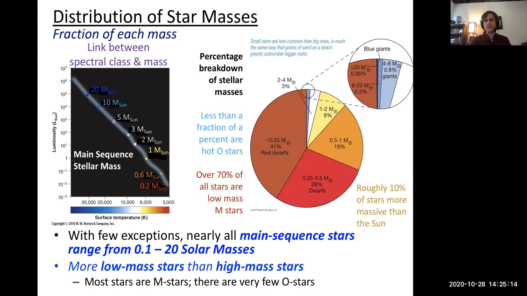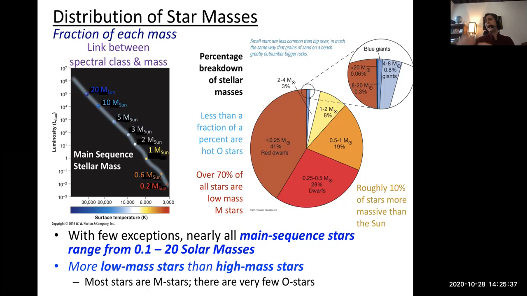And as you go up, most of the stars are M stars, and then you have slightly fewer K stars than G. So as you move to the hotter end of the spectral classes, you get fewer and fewer of those stars. The breakdown, comparing it to the sun, is that roughly 10% of the stars are more massive than our sun.